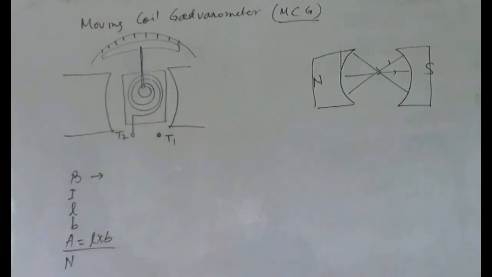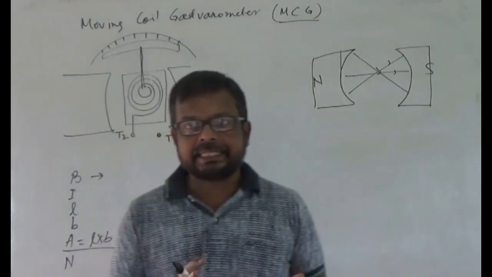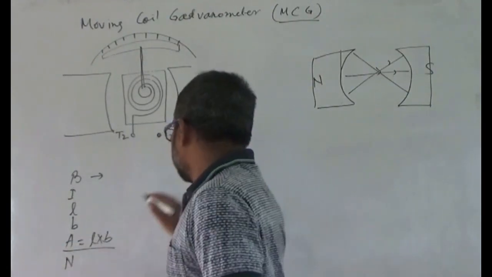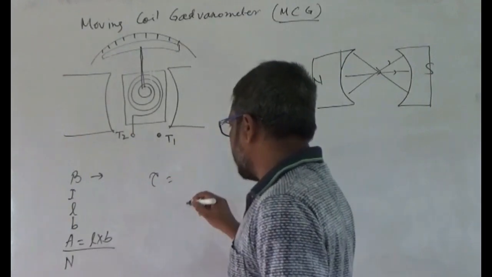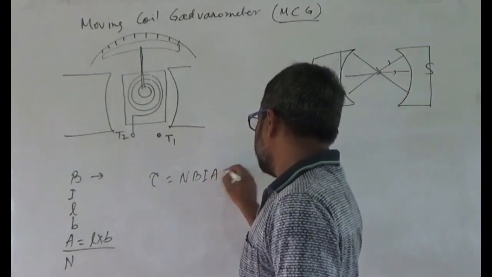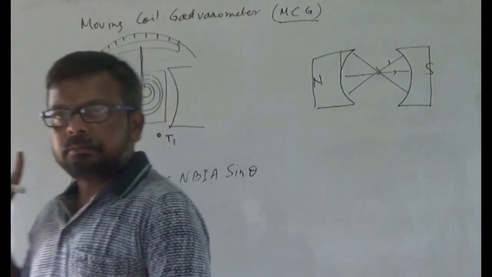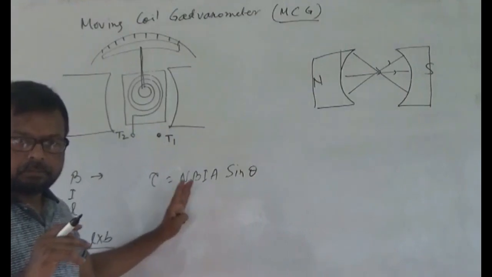When current flows through the coil, it experiences a torque, and that torque is given by tau is equal to N B I A sin theta. Right? We have proved that.